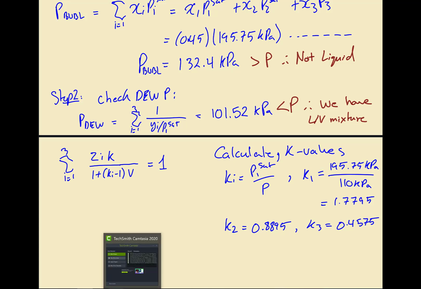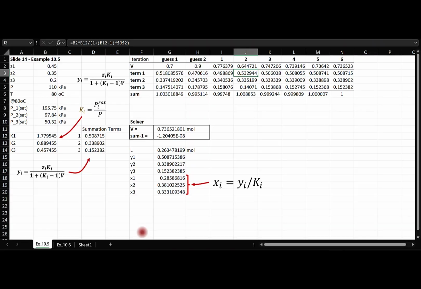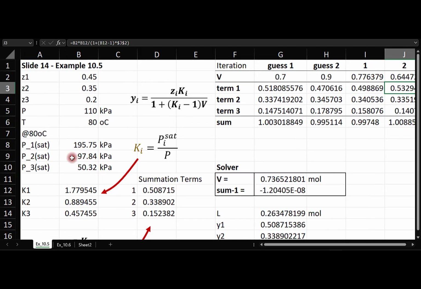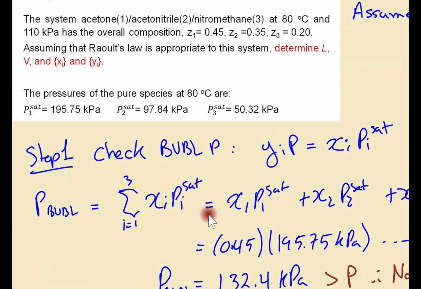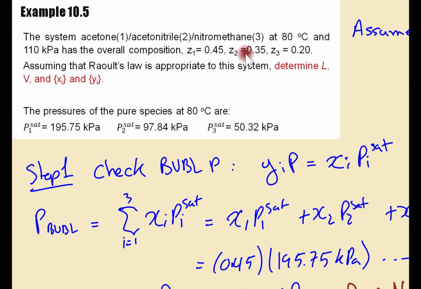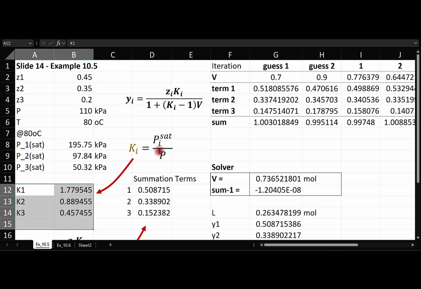So if I open up here my Excel file where I solved this, this is example 10.5, and this is my composition, Z1, Z2, Z3: 0.45, 0.35, 0.2. These are all the K values we calculated using P_i sat over P.